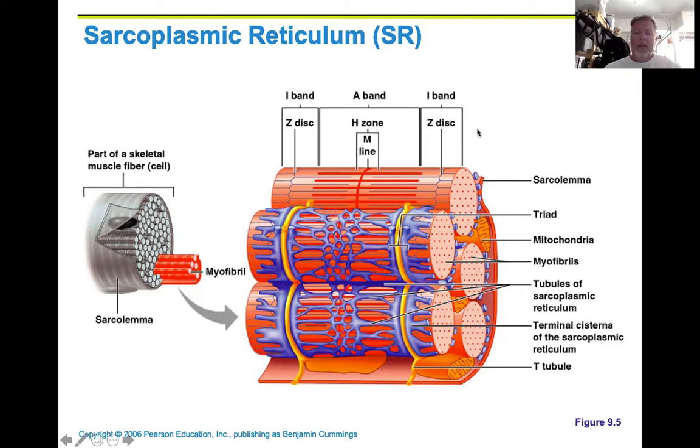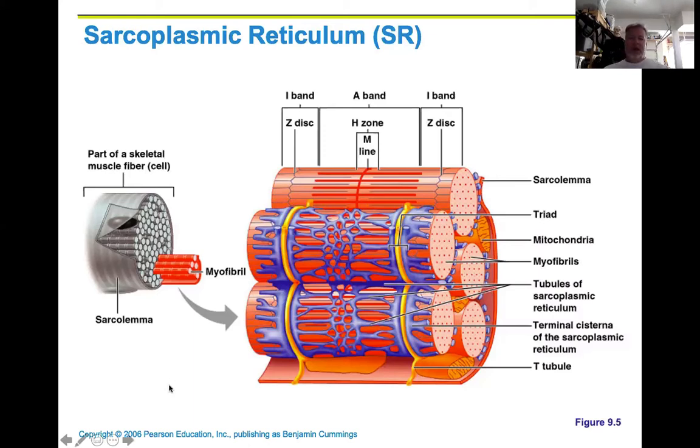So what we're looking at now is the sarcoplasmic reticulum, or the SR. The SR is all this blue on the outside of my muscle cell. The sarcoplasmic reticulum is an elaborate, smooth endoplasmic reticulum system. This runs mostly longitudinally, and it surrounds each of the myofibrils.